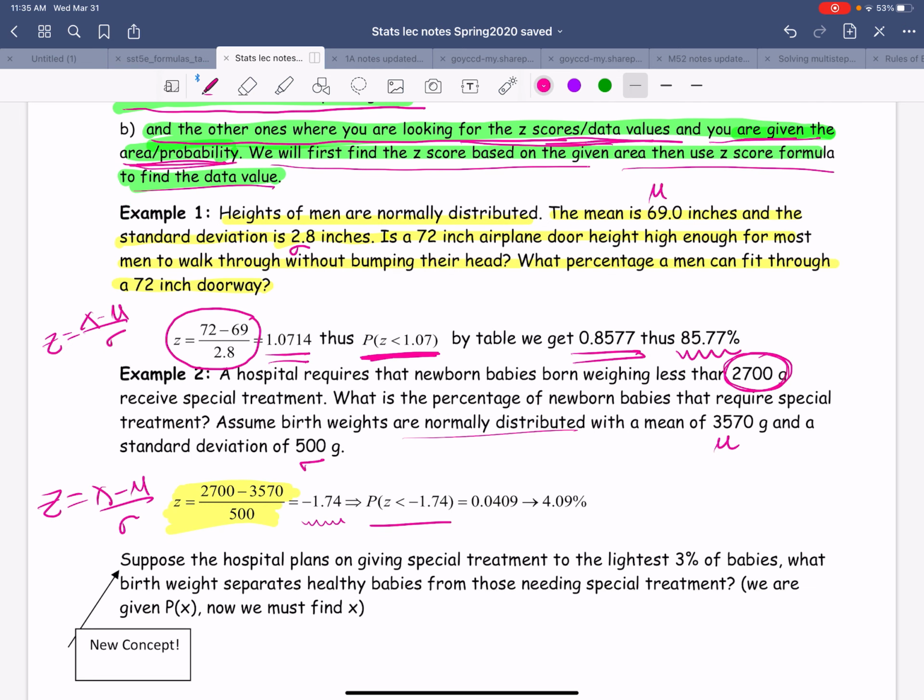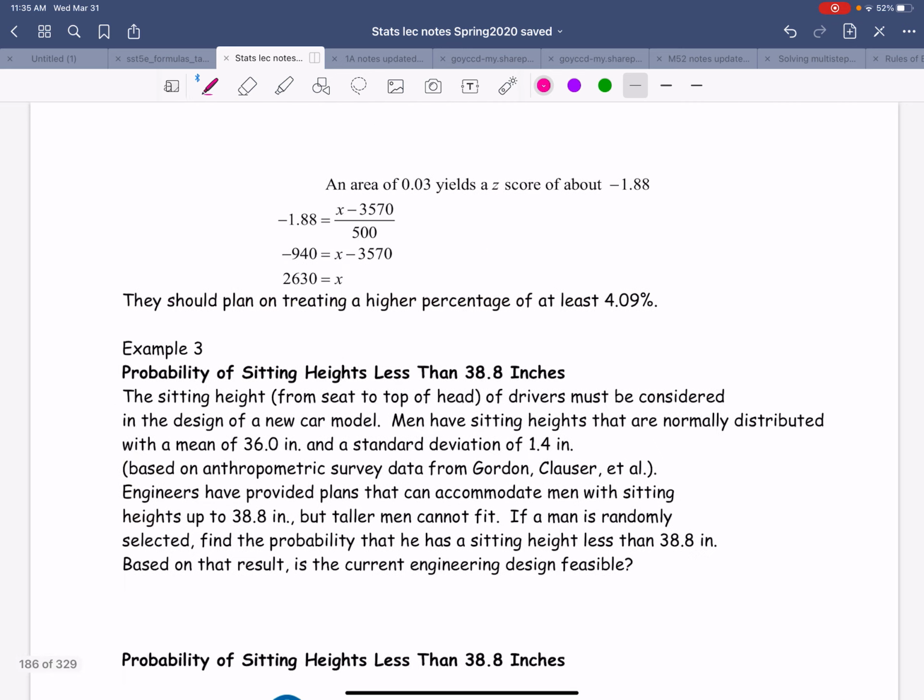That's the area to the left. The z-scores can be negative or positive, but the probabilities or areas can never be negative. So it turns out to be 4.09%. If we change this to a percentage, 4.09 is about 4% of the babies who will need special treatment.